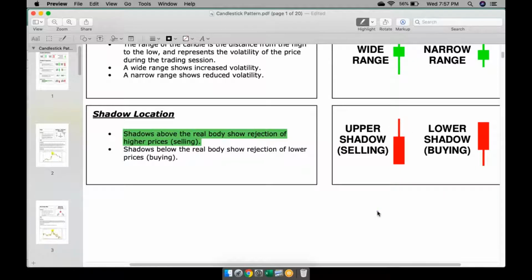Market opened here, went high till here, but could not maintain the strength. So it started falling down and closed here. That means there is a price rejection on the top. Are we clear? There is a price rejection on the top.